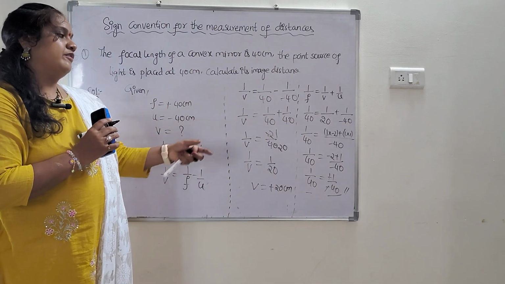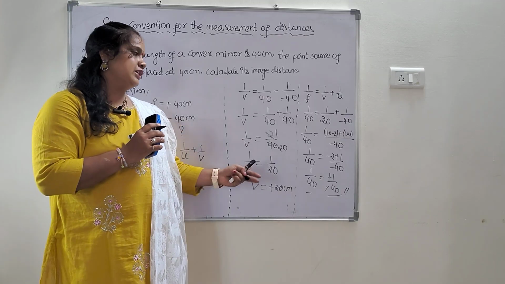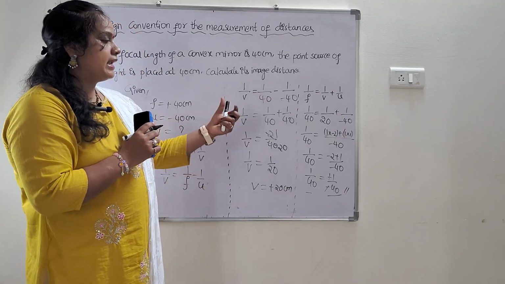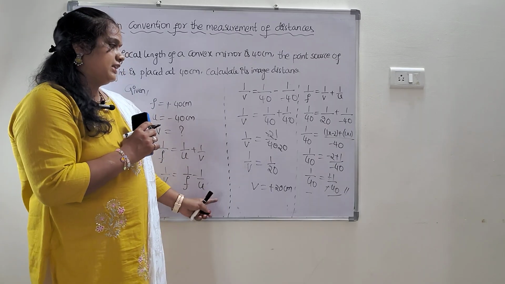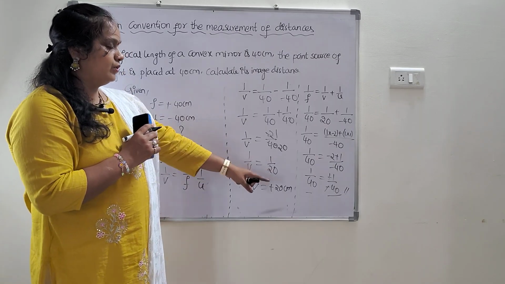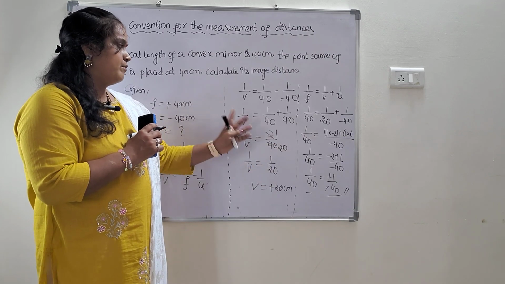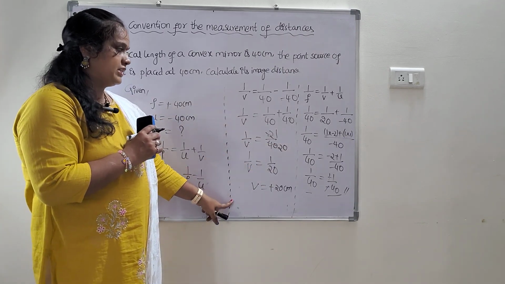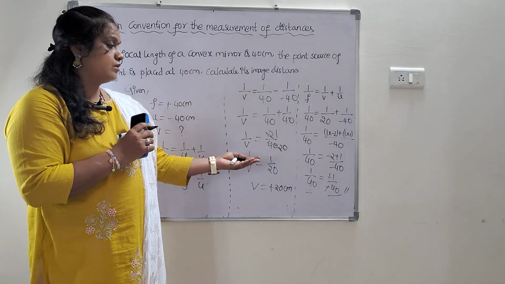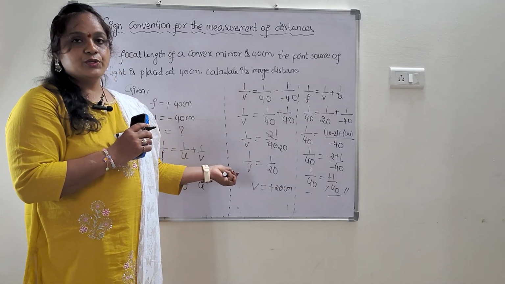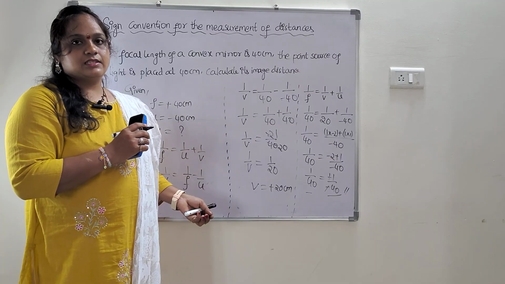So in this way you can verify your answer. This is one of the tips: if LHS and RHS are equal, your answer is right. Is it clear? Understood? So how to use the mirror formula, how to calculate the image distance, and how to know whether your answer is right or wrong. Using these steps, you can solve the numericals within seconds.